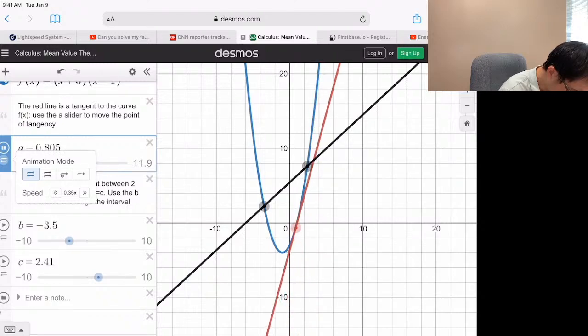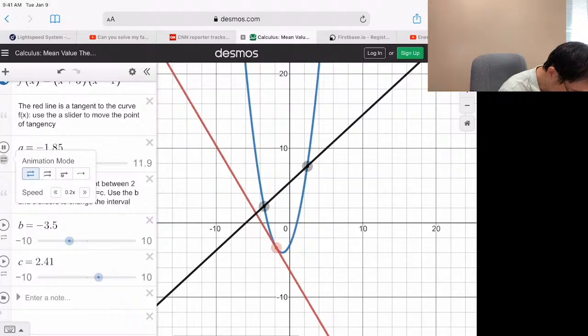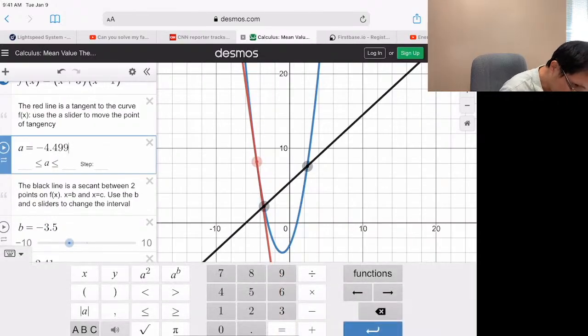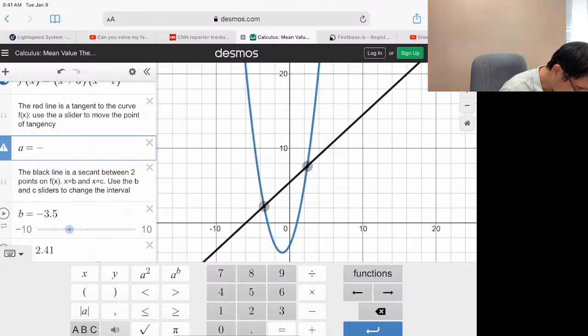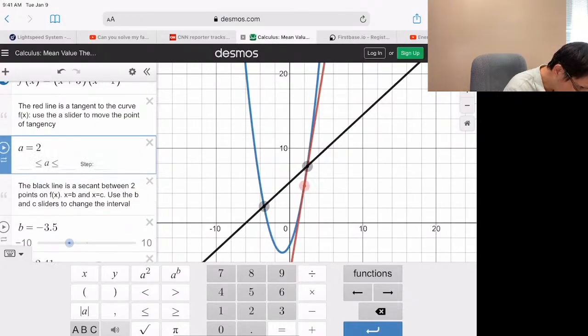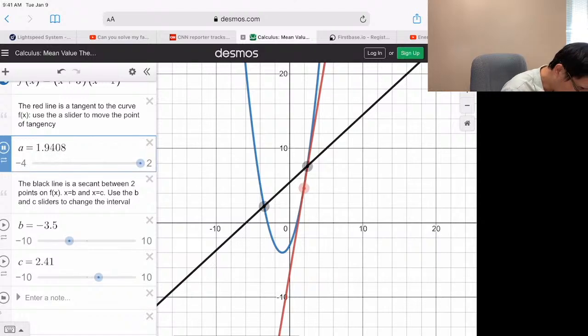See the color change? No, you don't see a color change? It's supposed to have a color change. Let's restrict the value between -4 to 2, and let's play it.